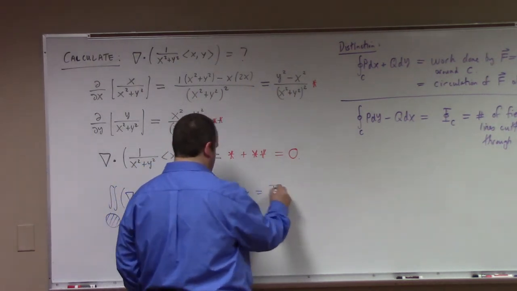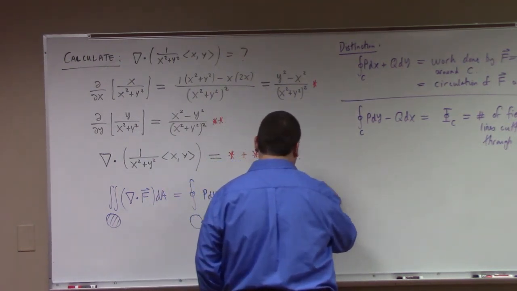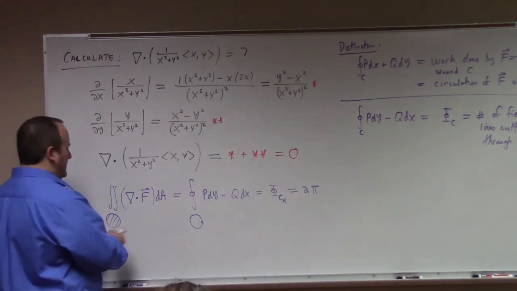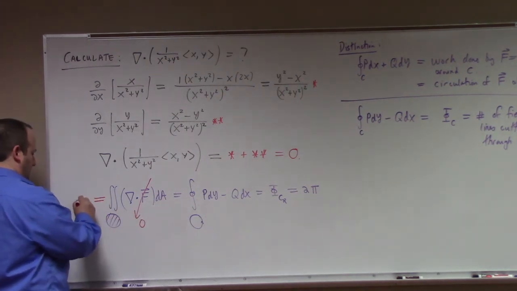In other words, the flux through the boundary, through the circle of radius r, which, by the way, we just worked out was 2 pi. So, excuse me, we just worked out that the divergence is 0. So this is 0.